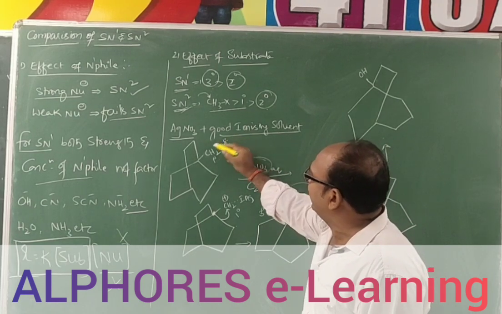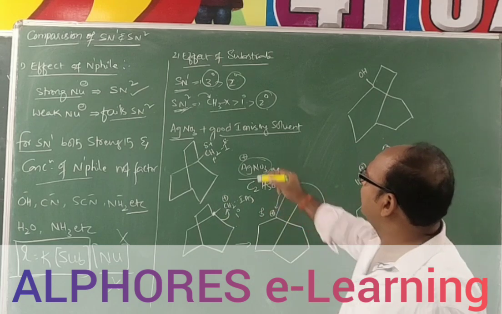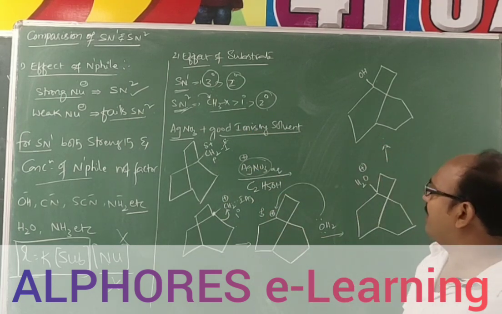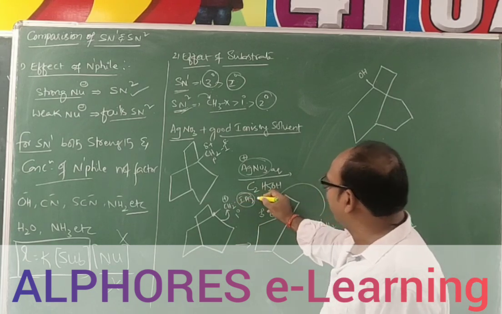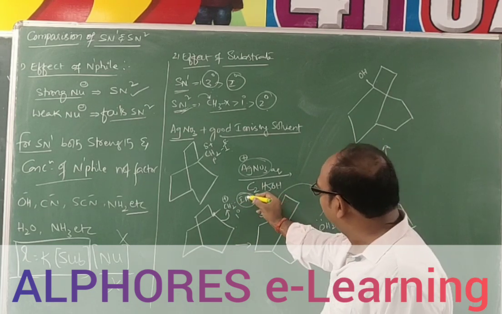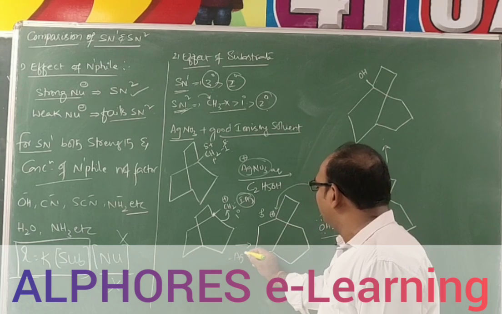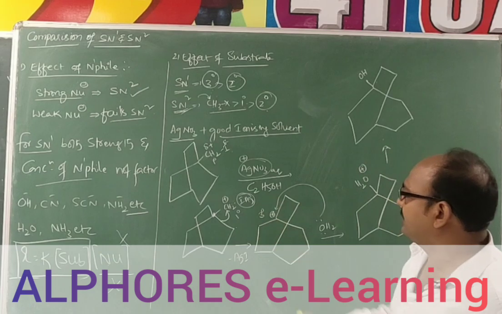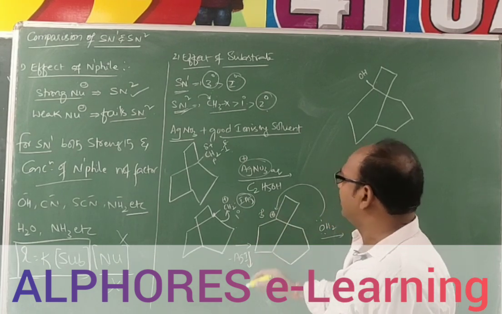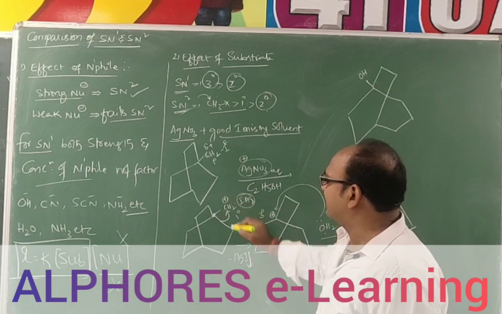This one bears a negative charge and here a positive charge. This Ag+ approaches the negatively charged I minus and converts into AgI, and AgI comes out. Whenever AgI precipitates out, there is no scope for back reaction. AgI precipitates out and you get a positive charge on this carbon.